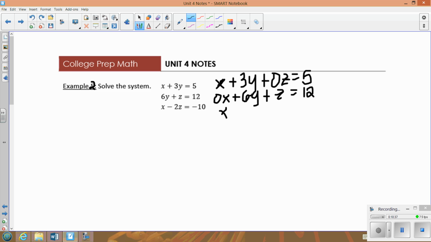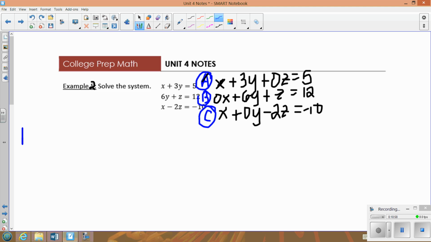And then down below I have x plus 0y minus 2z equaling negative 10. So if you want to follow the same process that we did in the previous example, you would start off by labeling these A, B, and C.